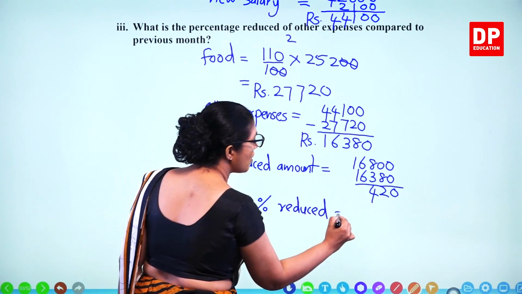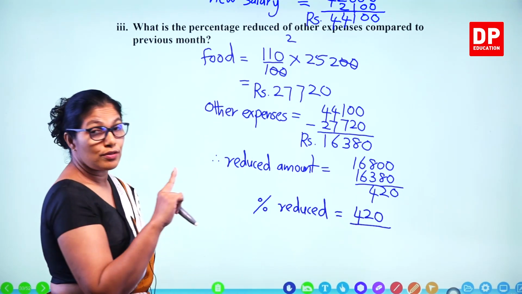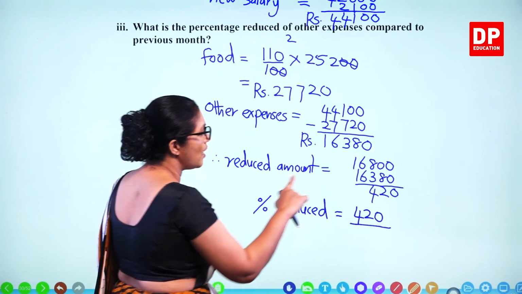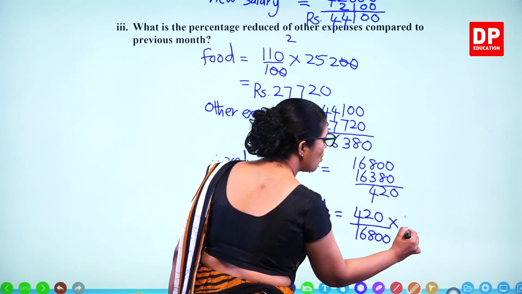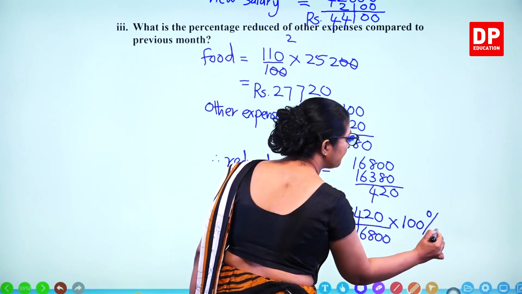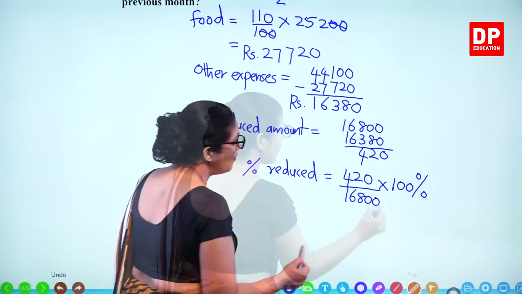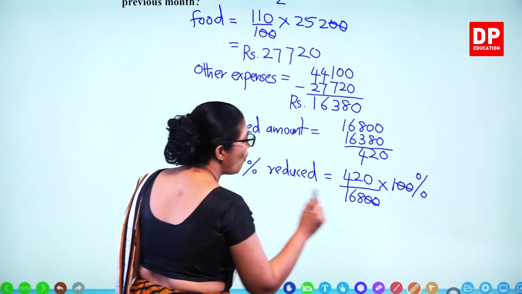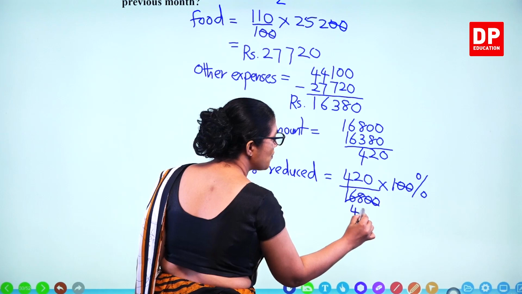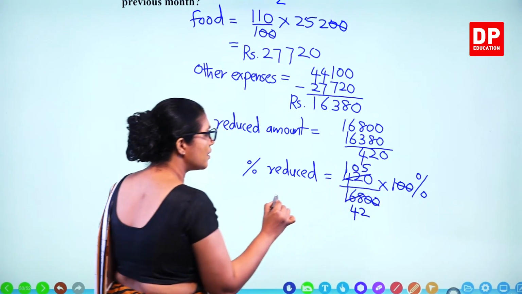The reduced amount is 420 and the initial value, the previous month's value, is 16,800, into 100%. We can cross out these 2 zeros. Divide by 4. 4 times 4, 4 times 2, 4 times 1 and 4 times 5.